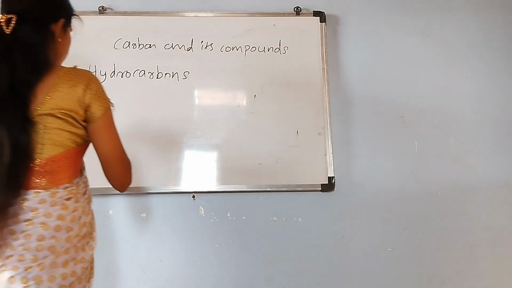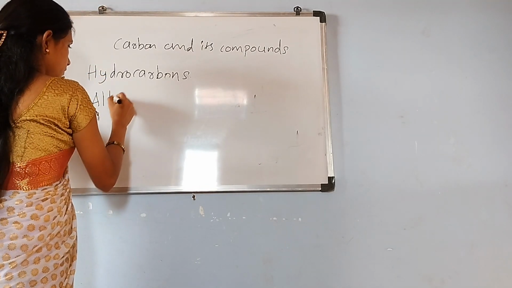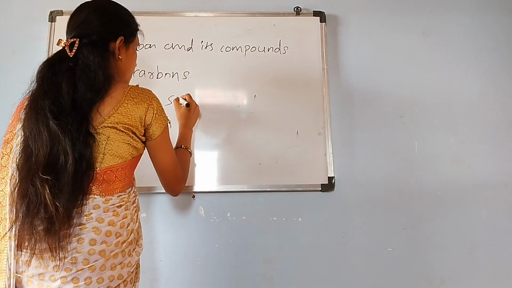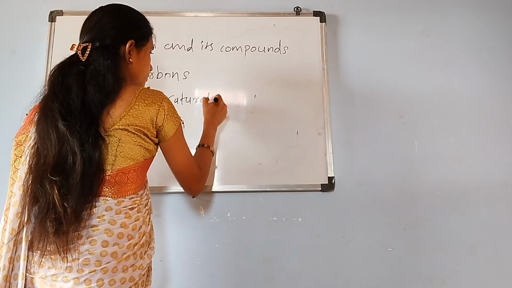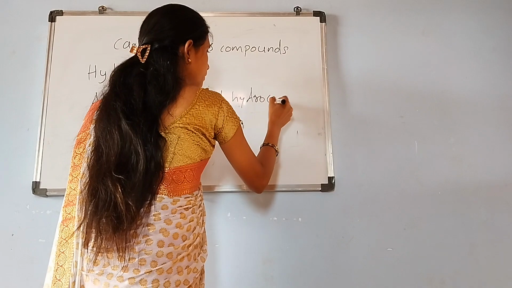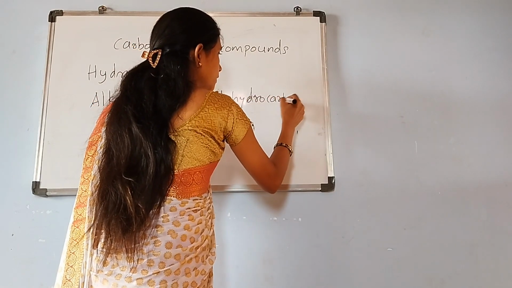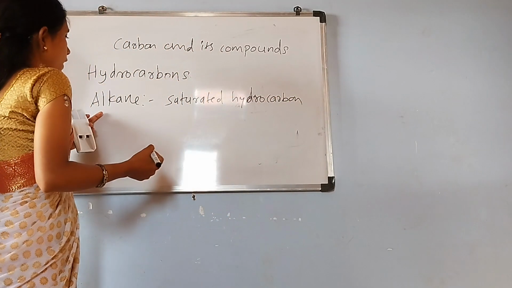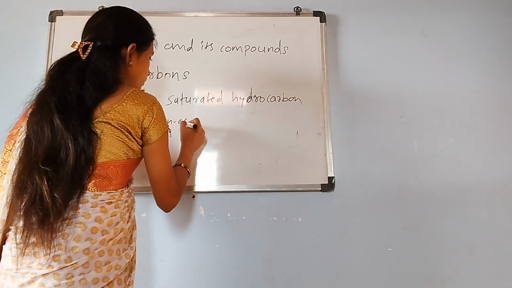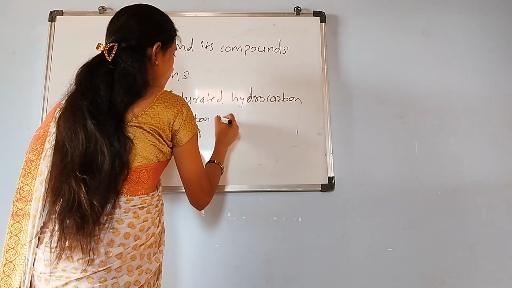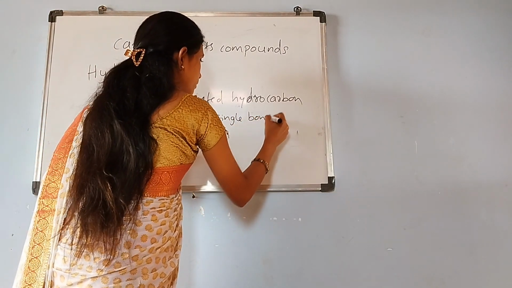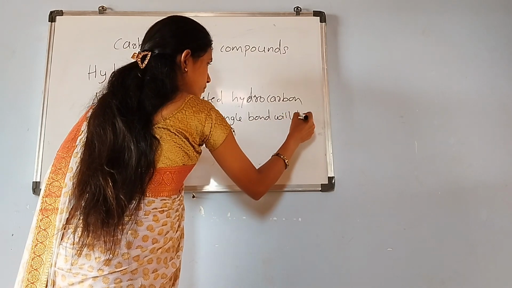So what is alkane? We are discussing alkane. Alkane is a saturated hydrocarbon, and in this a carbon-carbon single bond, that is a sigma bond, will be there.